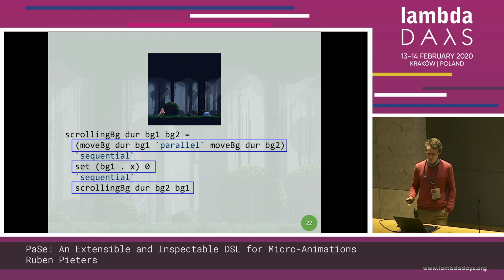Then these are composed with the sequential function. We have the resetting of the background, and the infinite scrolling is done by using recursion, where we swap sections 1 and 2 to have the flipping effect.